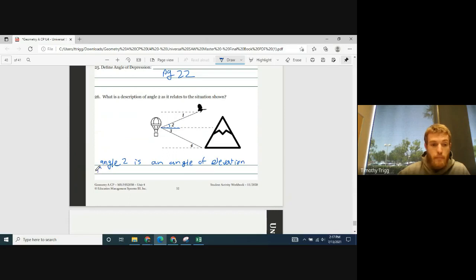From the line of sight. So whose line of sight is this? This is the balloon's line of sight, from the line of sight of the balloon.